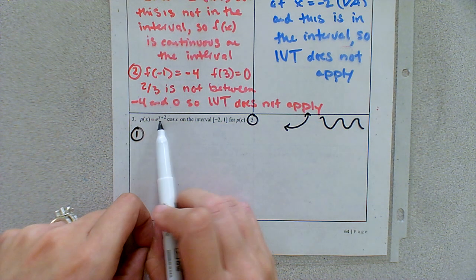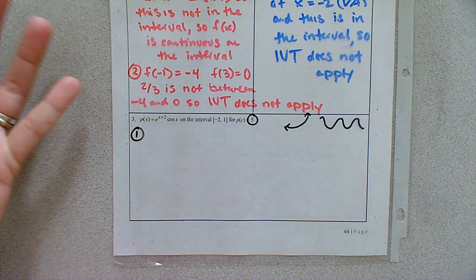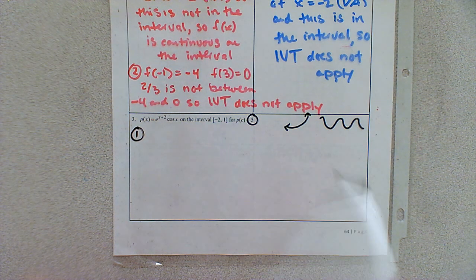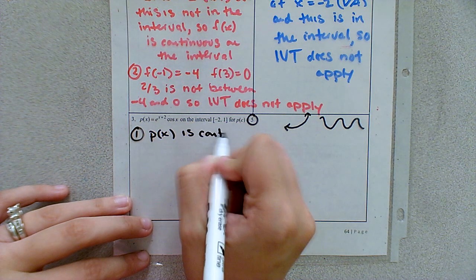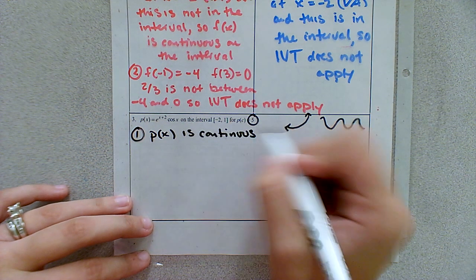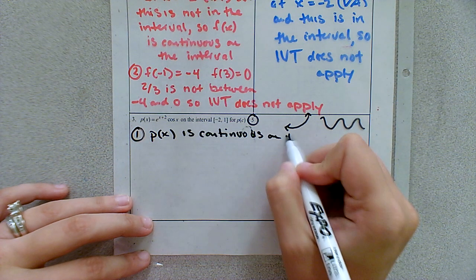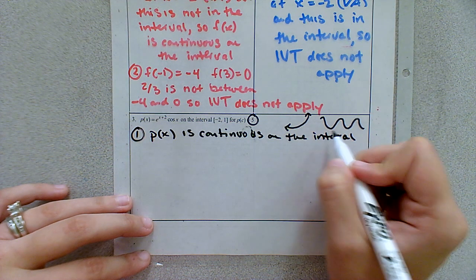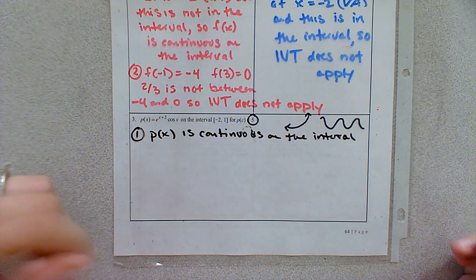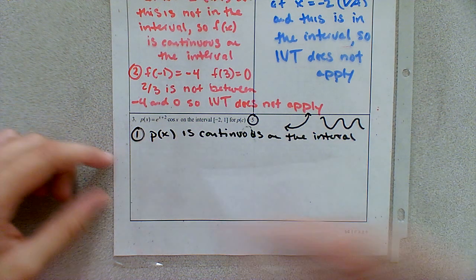So if we were to multiply the graphs together, a continuous graph times another continuous graph would result in a continuous graph. So p of x is continuous on the interval. If you wanted to graph it on your calculator just to confirm, you would get the same result, but we can think about the individual graphs in that manner.